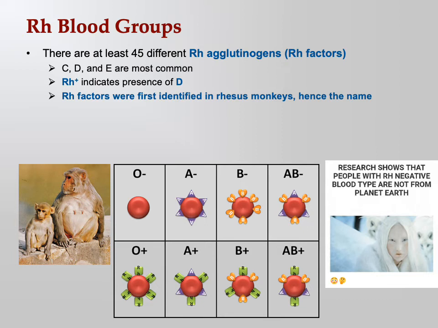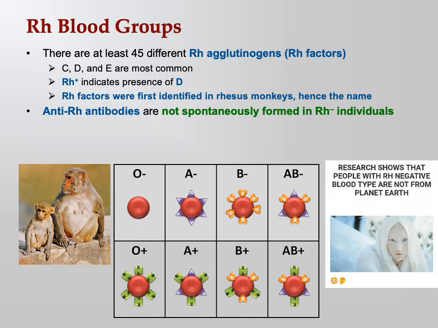So what you have to make sure of here, once again, is if you're transfusing blood, you have to make sure that you don't put an antigen into somebody's blood who has antibodies. So who has the antibodies? Well, in this case, anti-Rh antibodies are not spontaneously formed in Rh negative individuals. Remember, an Rh positive person couldn't possibly have antibodies, otherwise they would be attacking their own blood.